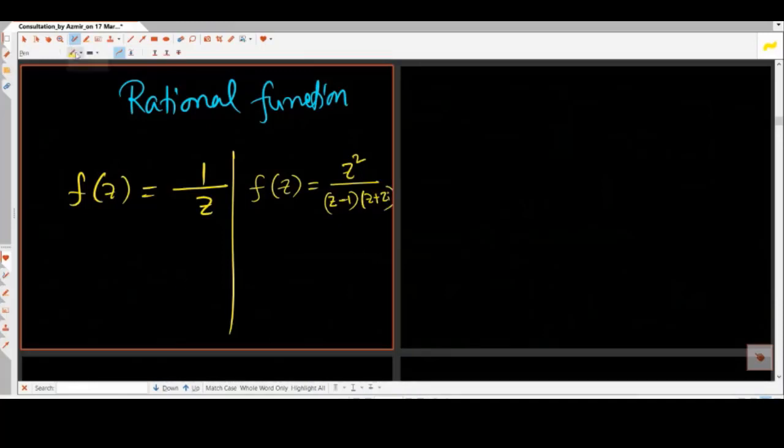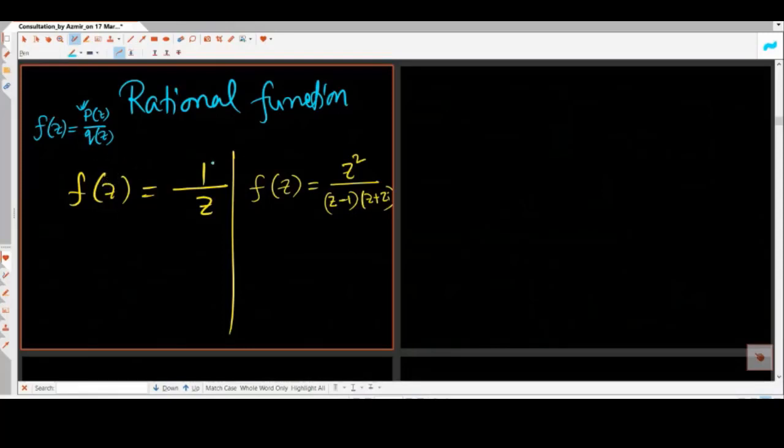So you can see that any rational function has the property that it has a numerator and denominator. The numerator is a polynomial function. The denominator is also a polynomial function.